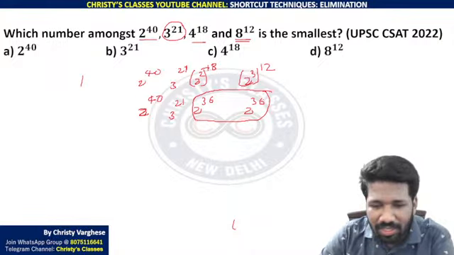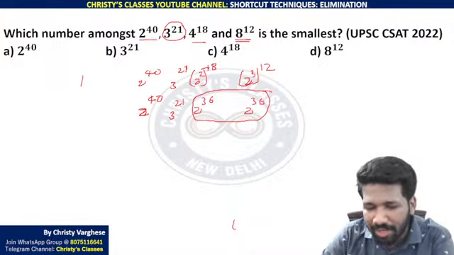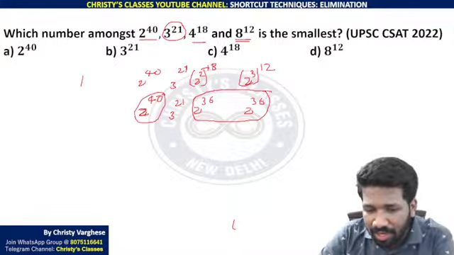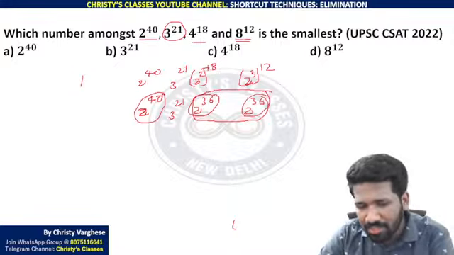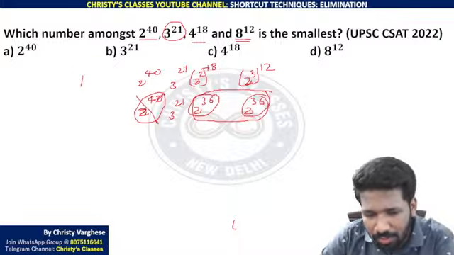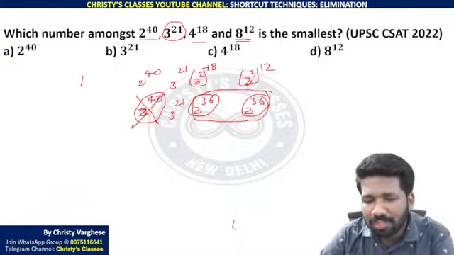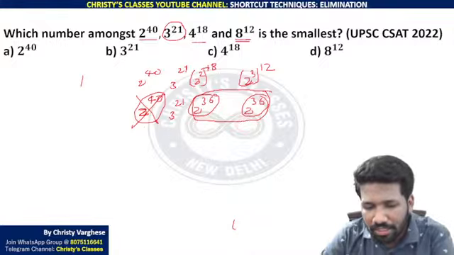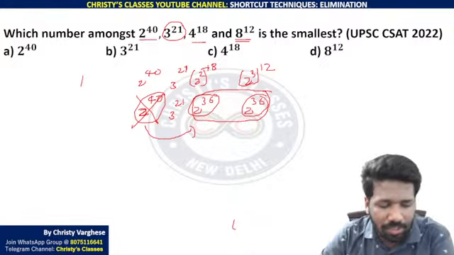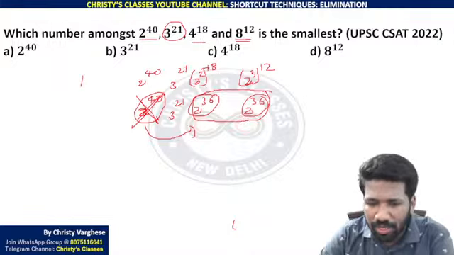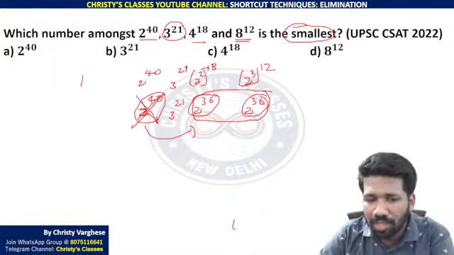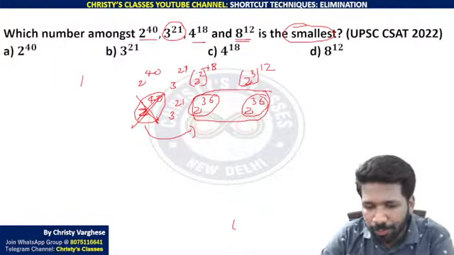Smallest means it can be a single answer only, not multiple answers. And 2 raised to 40 is even bigger than 2 raised to 36, as the base is same. So 2 raised to 40 cannot be the smallest, because 2 raised to 36 is lesser than that. So 2 raised to 40 is already eliminated.